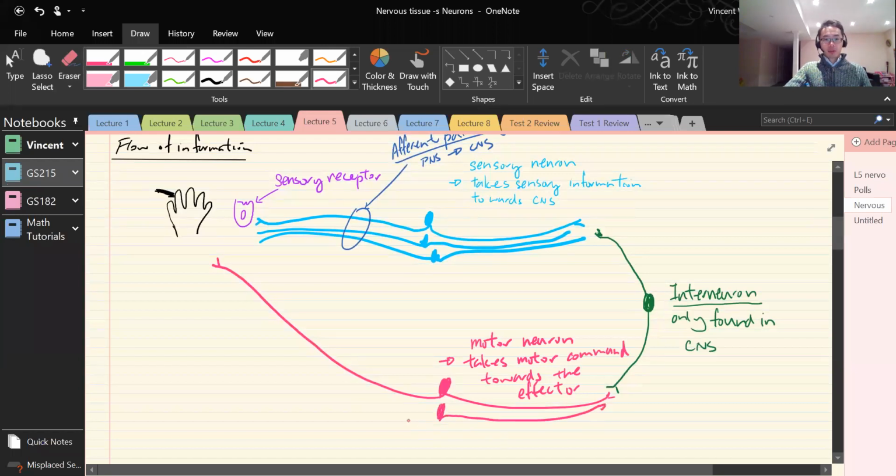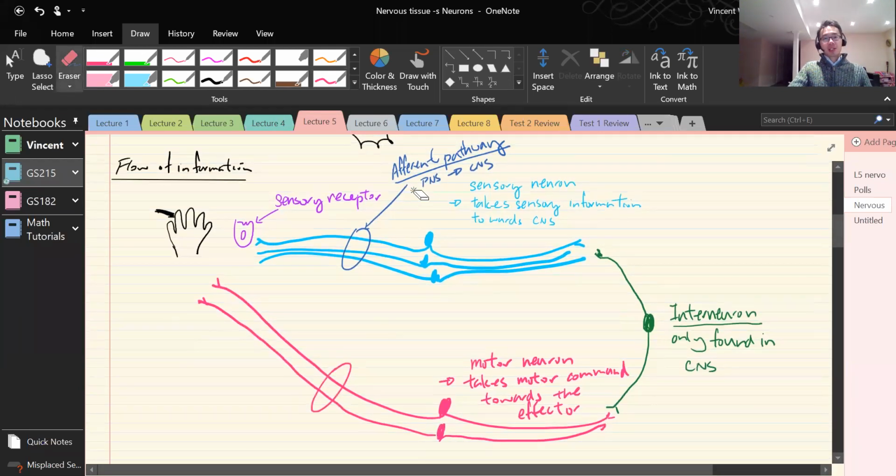You're going to have multiples of these, and it's going to form the opposite of afferent, which is efferent. Some people say efferent, both are okay. But E for exit, that's how you can remember it. It exits from the CNS and then travels towards the PNS.